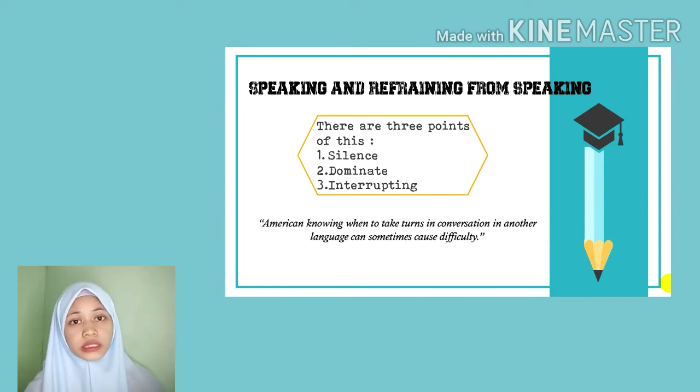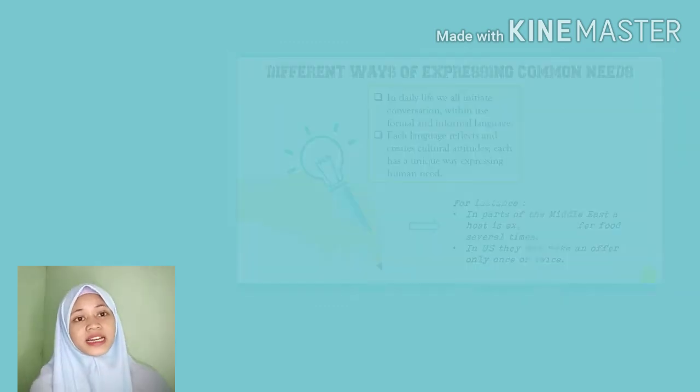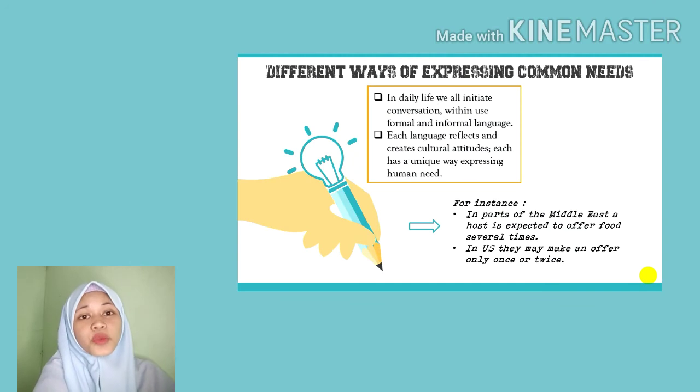If you want to give a suggestion, you can say, sorry, can I give an agreement? Can I give a suggestion? You can also say, sorry, I think... like that. The next slide is different ways of expressing common needs.